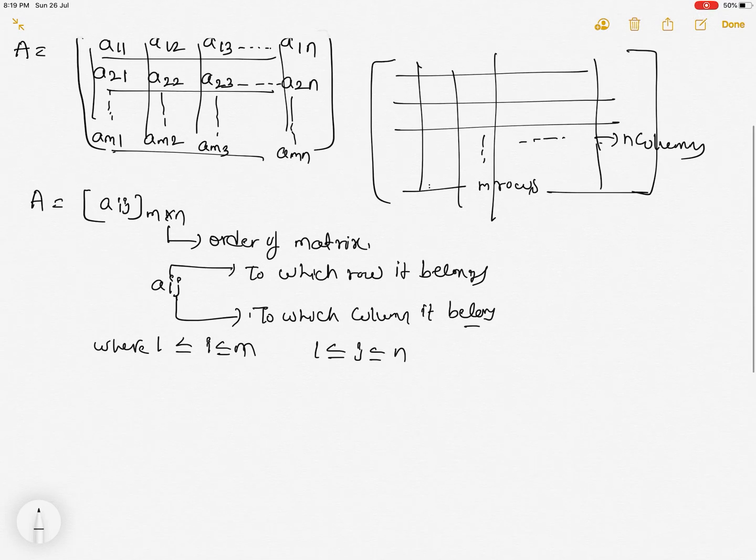Now we will discuss problems about how to construct a matrix.